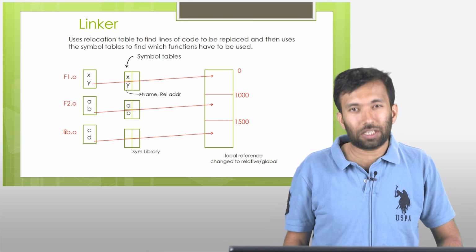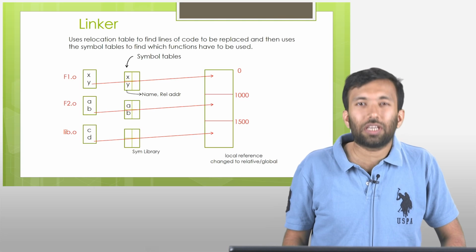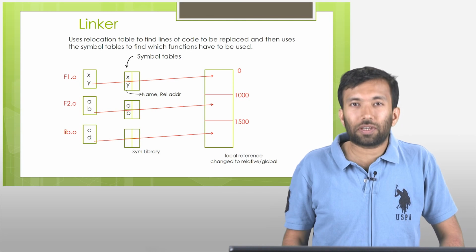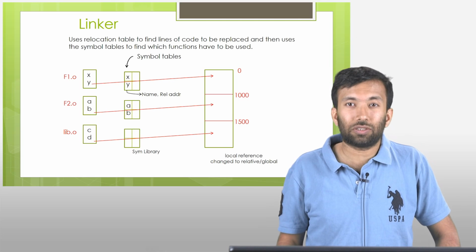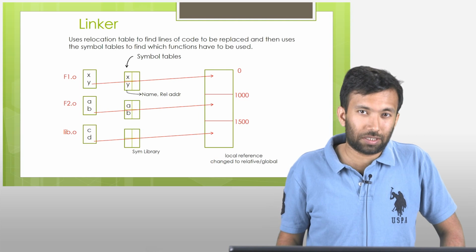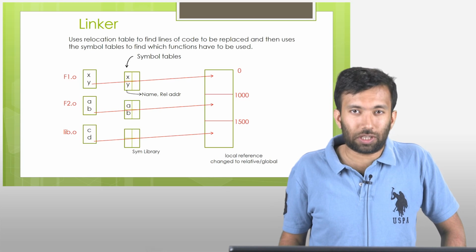So that's why it needs some modification. So what type of modification is needed? The only modification needed is we have to convert the relative addresses into physical addresses. The symbol table helps in doing that.